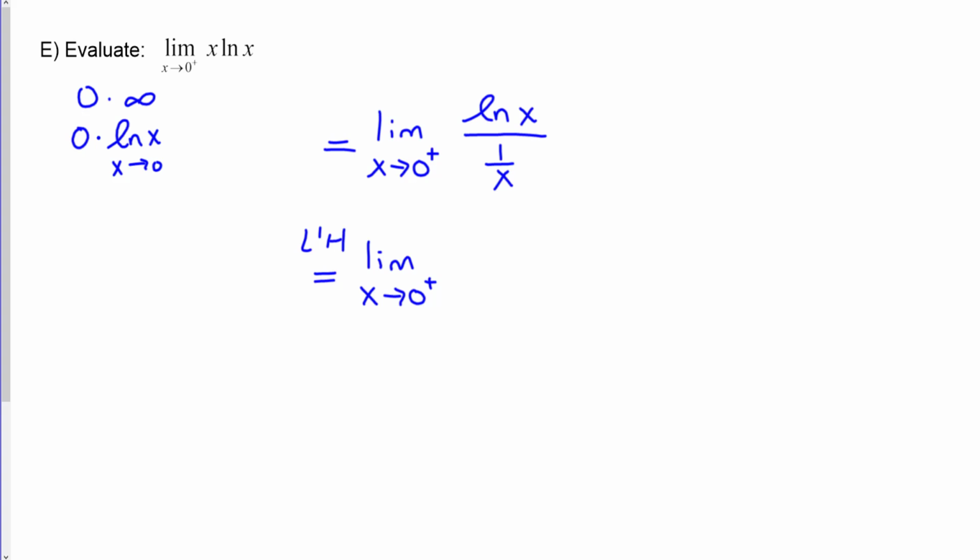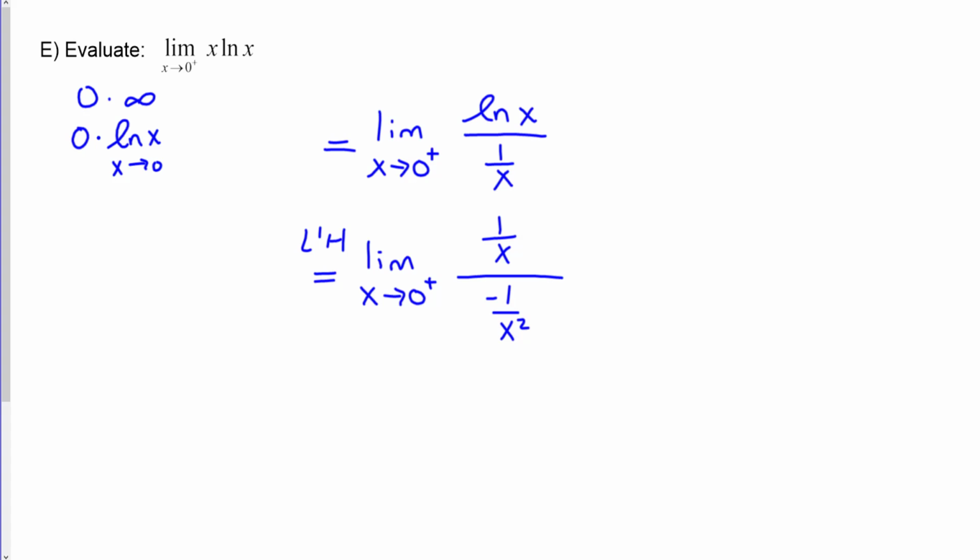The derivative of natural log x we know to be 1 over x, and for the derivative of 1 over x, you might have to go over to the side and write that as x to the negative 1 power, then bring the negative 1 down and use the power rule. But what you'll come up with is negative 1 over x squared. And to see if this limit's going to work at this point, we need to do some simplification first.